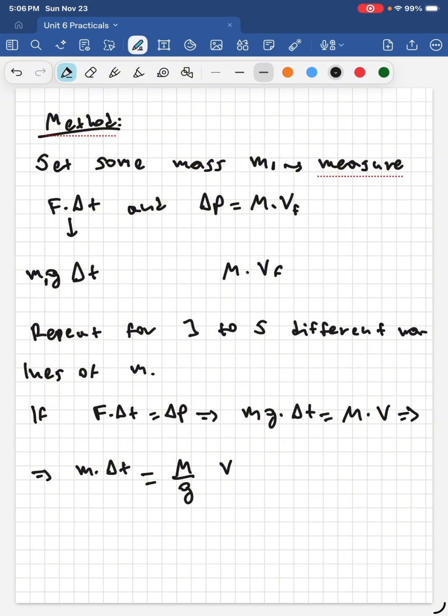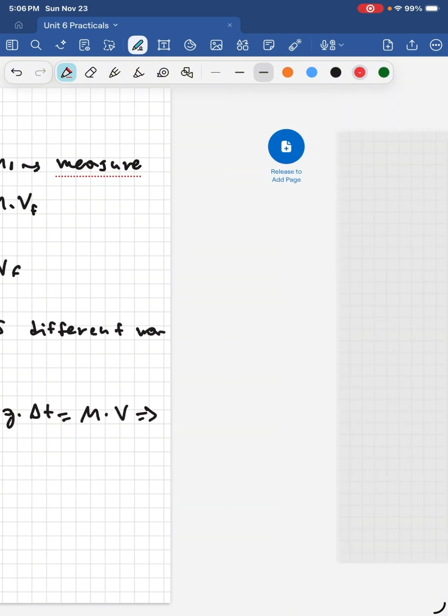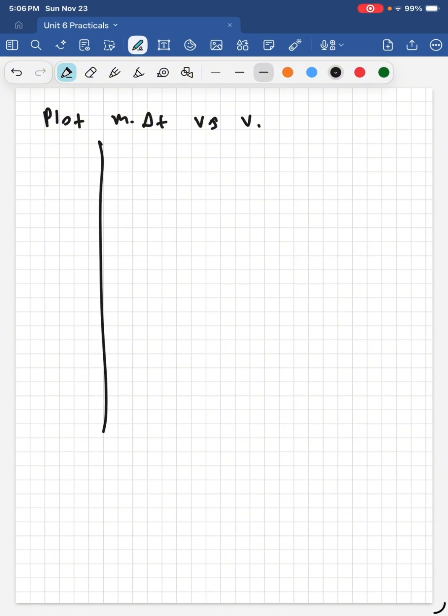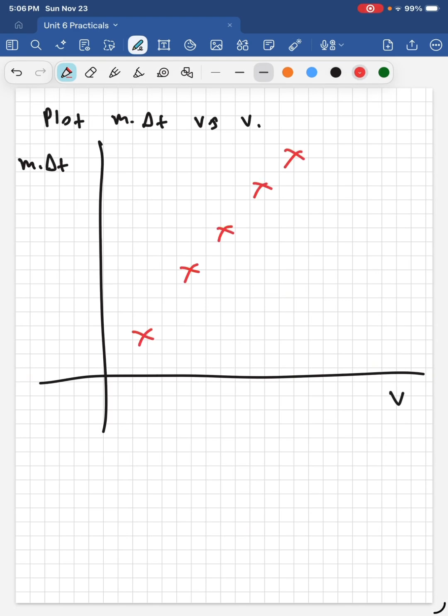So if you measure delta t for multiple values of m, and then you record v, and you plot m times delta t versus v, it will look like this. So m delta t, and then you will have v here, and maybe you will have some data.